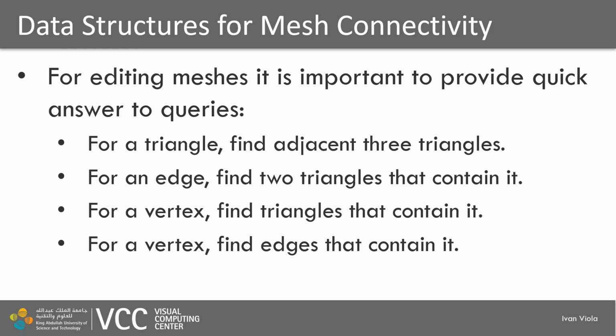Or we have an edge and we would like to find which triangles does this edge contain. Or for a vertex, we would like to know which triangles contain it, or which edges contain this vertex. And this all is possible to find from our data structures as we define them so far.